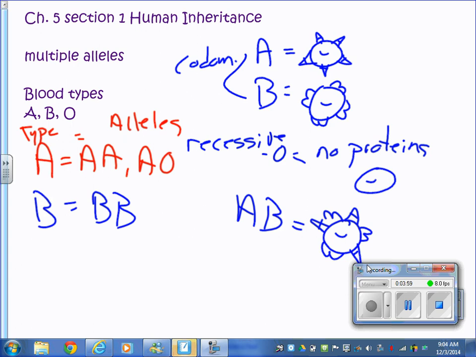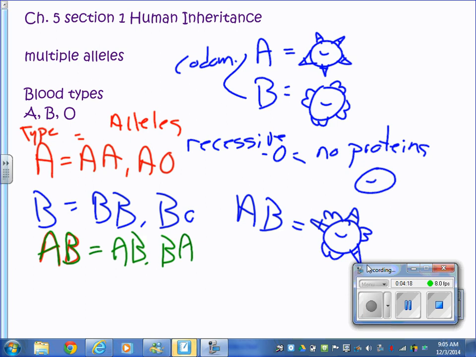BB or BO. If you have type AB blood, oops, I meant to make that green. Type AB blood, you're going to have what? AB. And then if you have type O blood, since O is kind of a recessive, you have to have OO.